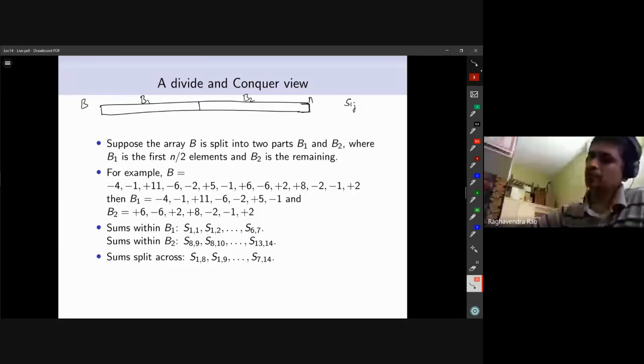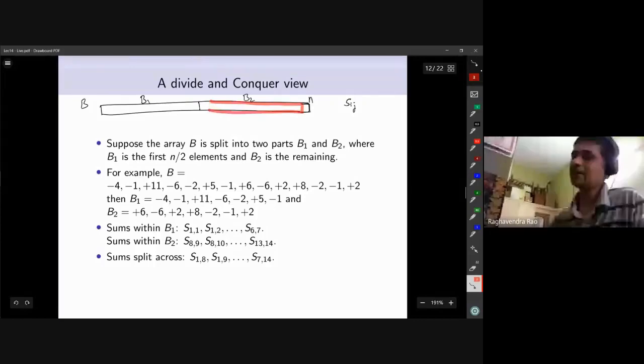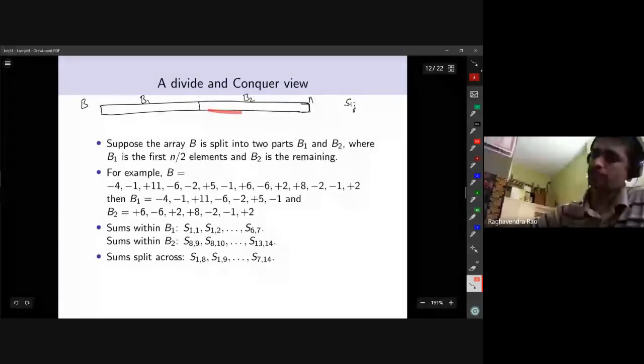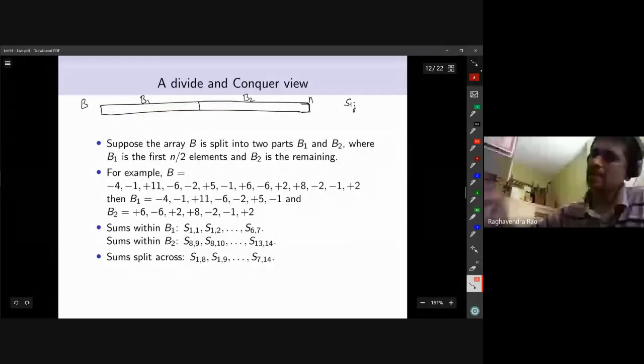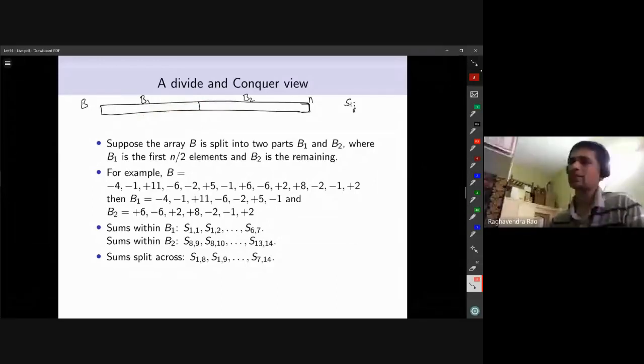Then there are subarrays which fall completely within B2. And then there are subarrays which split across, that is, i is less than or equal to n by 2 and j is greater than or equal to n by 2.